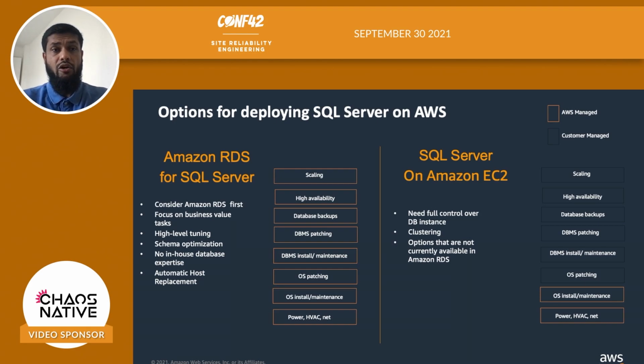Now let's dive a bit deeper into what are the options for deploying SQL Server on Amazon AWS. If you look at the right-hand side, SQL Server on Amazon EC2 means all the admin tasks, which don't really add any value towards your business processes, such as scaling, the availability, the backups, the patching, the database install and maintenance, OS level patching, and those firefighting issues to maintain the space or add space onto the database server.